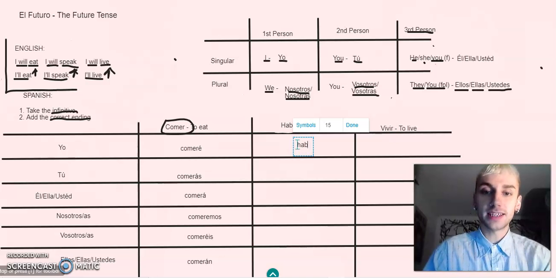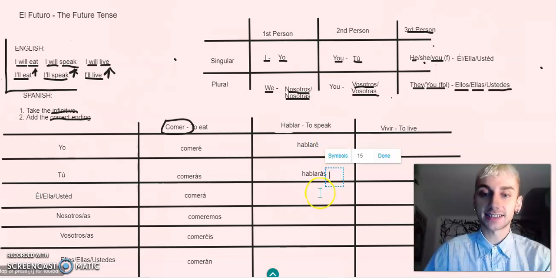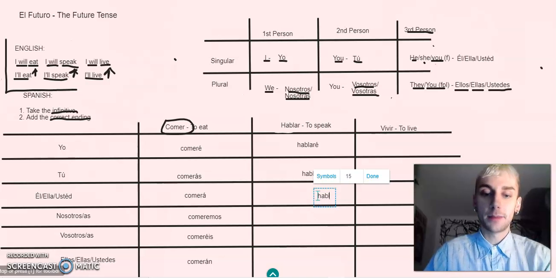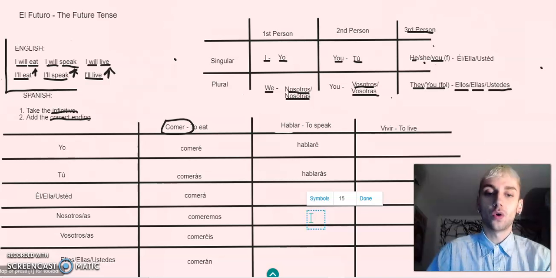So I will speak would be hablaré. You will speak, for the second person singular, would be hablarás. Here you can see the endings being added on, so we have the é here and the ás there. Then he, she, or this formal you will speak is hablará. For we will speak, we have hablaremos.